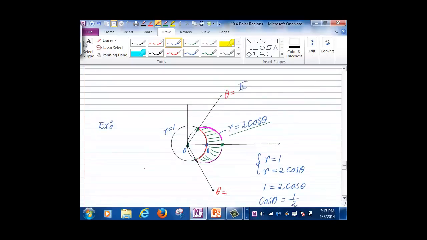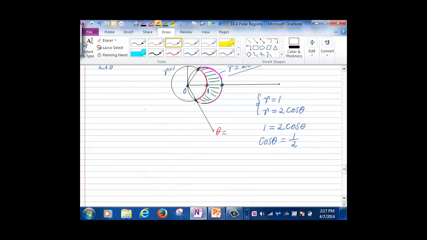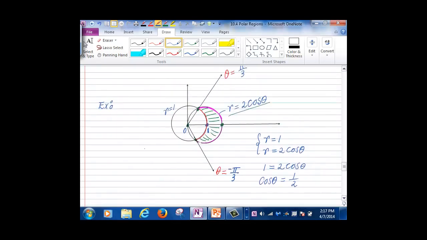And can someone give me an angle in the fourth quadrant, a negative angle? Negative pi over 3. Okay, so once you pick these angles, you need to make sure that as theta varies over this interval, you are sweeping out the area.